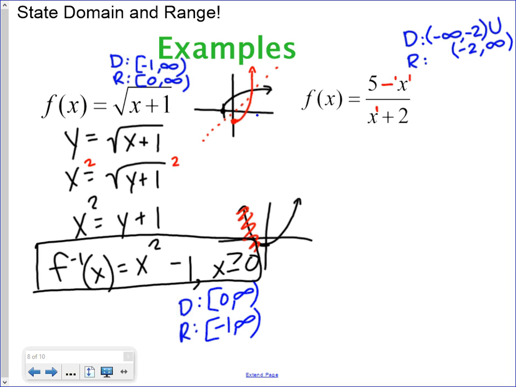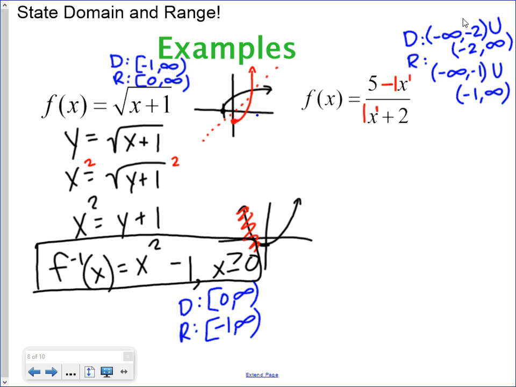So -1 over 1. So you have a horizontal asymptote at -1, which means that gets excluded from your range. So I've identified domain and range. That's a good review of how to do that.